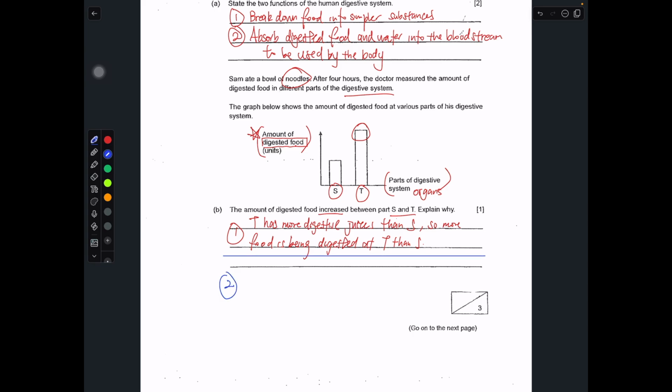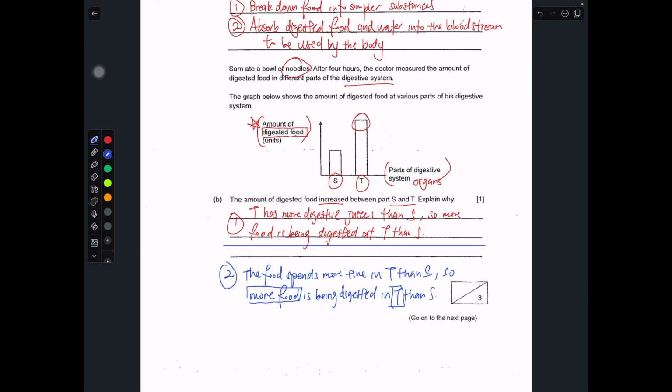So the food spends more time in T than S, so more food is being digested in T than S. So that's why you have a greater amount of digested food in T as compared to S. So the key is more. Okay, so either of these answers is fine.